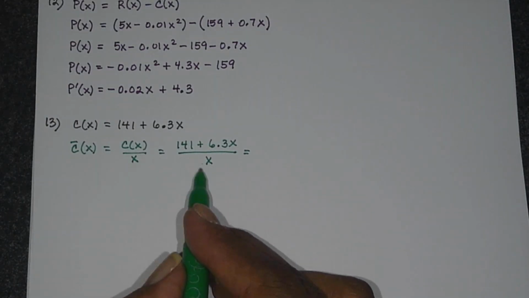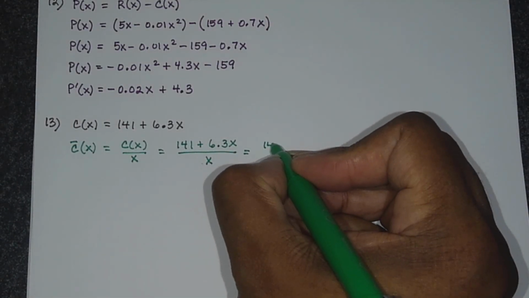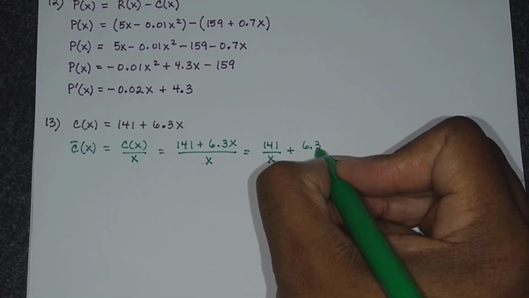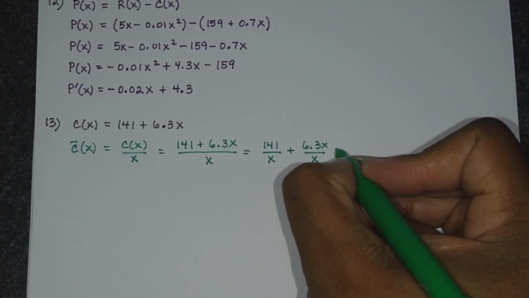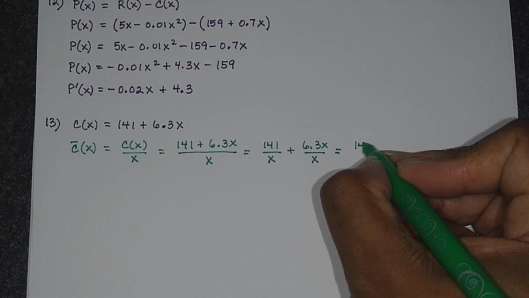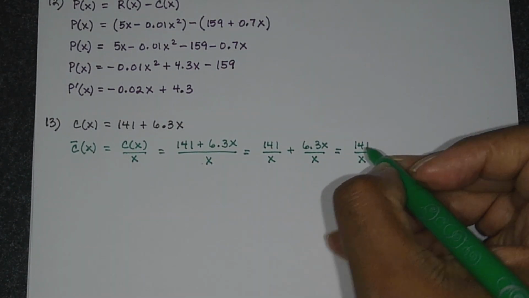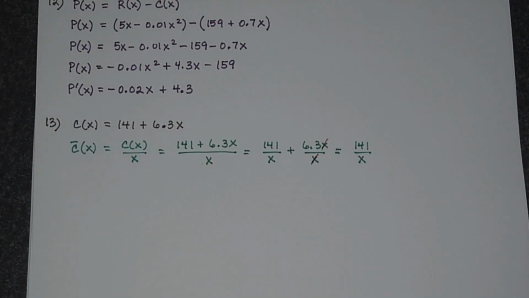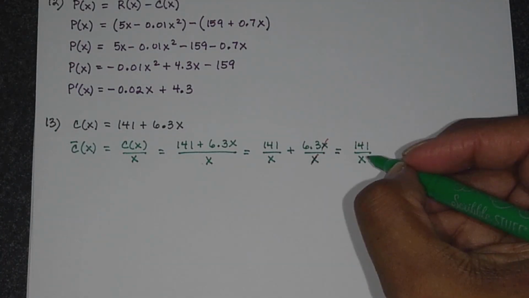So each term in the numerator will be divided by x. So I have 141 over x plus 6.3x divided by x. Well, the 141 over x, I will leave that as is. But here, the 6.3x divided by x, these x's divide out. You'll be left with a plus 6.3.